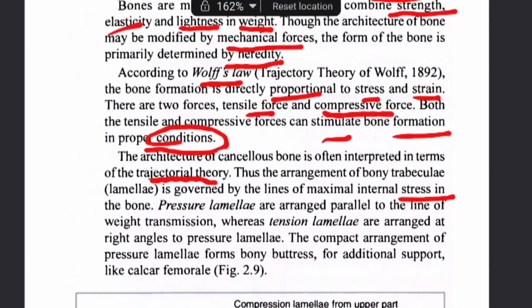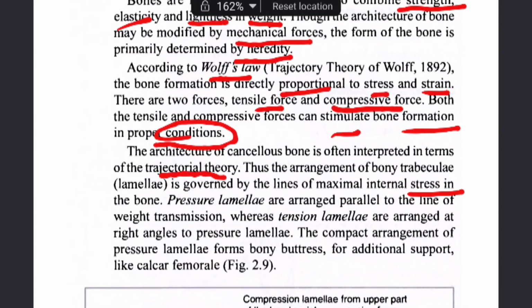Pressure lamellae are arranged parallel to the line of weight transmission, whereas tension lamellae are arranged at right angles to pressure lamellae. The compact arrangement of pressure lamellae forms bony buttresses and additional support like the calcar femorale.